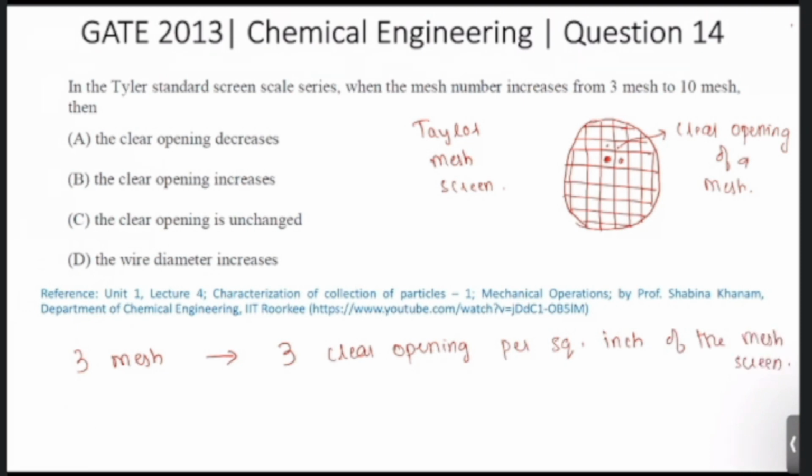And when we say 10 mesh, that means there are 10 clear openings per square inch of the mesh. So a rough pictorial representation would be like this.